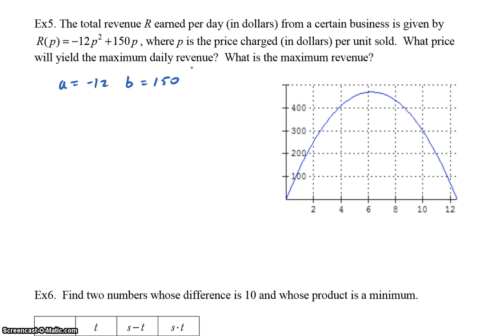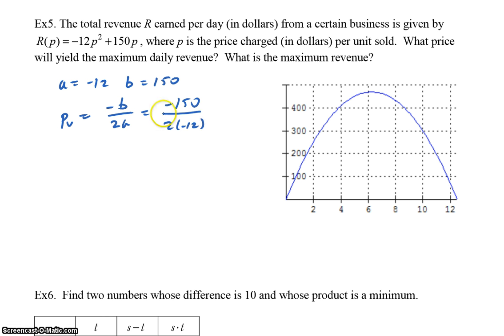Well, the coordinate, what we normally call the x-coordinate, but here we'll call it p, the p sub v. The p-coordinate of the vertex by the vertex formula is minus b over 2 times a. But b is 150, so that would be negative 150 over 2 times negative 12.